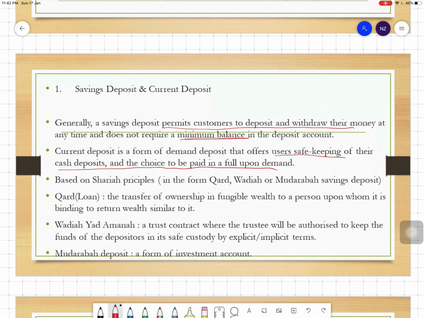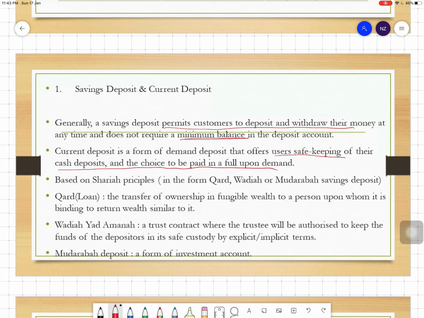As for current deposit, kita masukkan memang untuk safekeeping, memang untuk saving, but kita gunakan untuk kita beli sesuatu, demand for that things, yang probably kita tak boleh bayar in cash. Okay, kena bayar in cheque.